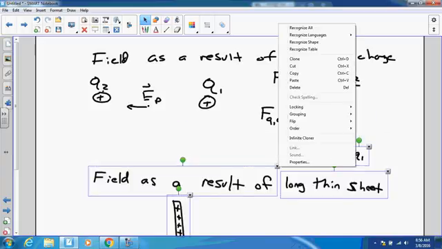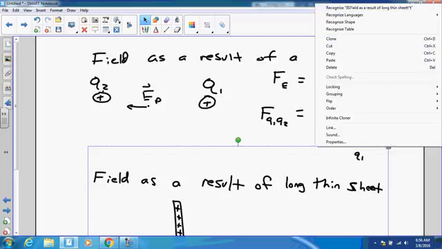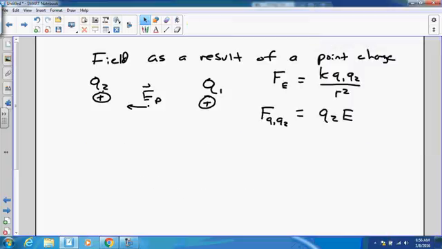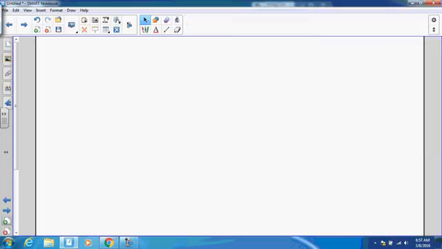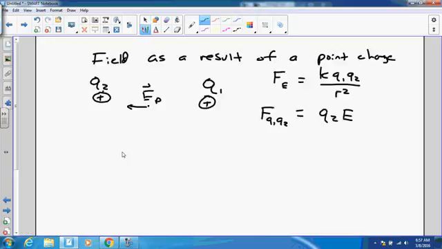You know what, let's group all this and kill it, because we're going to need a whole other page for it. There. Okay, we'll come back to that. So we lost our Q1. There. So let's put those two together, set them equal to each other.